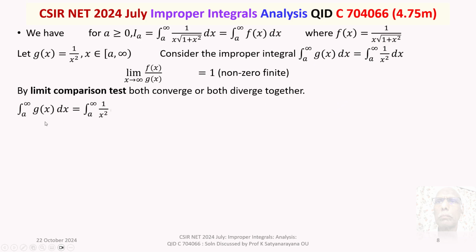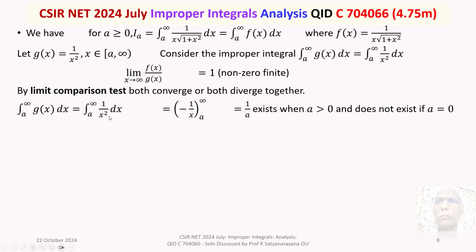Now we attack the integral a to infinity g of x dx, that is integral a to infinity 1 by x square dx, and that is equal to, after the integration, minus 1 by x from a to infinity. And when you evaluate, for the upper limit it is 0, for the lower limit 1 by a, this is plus 1 by a. It exists when a is greater than 0.